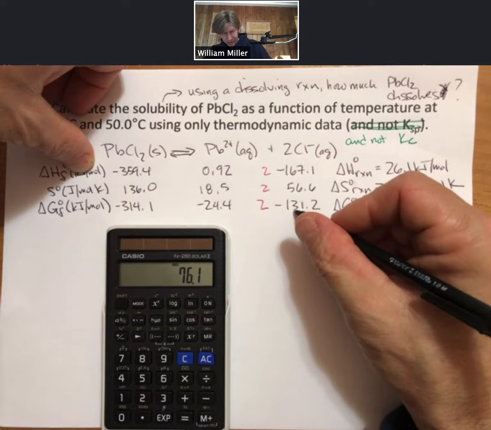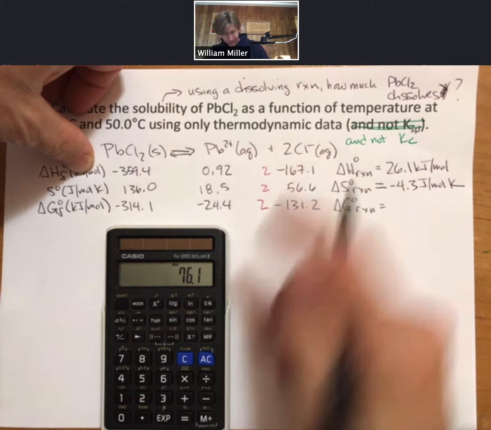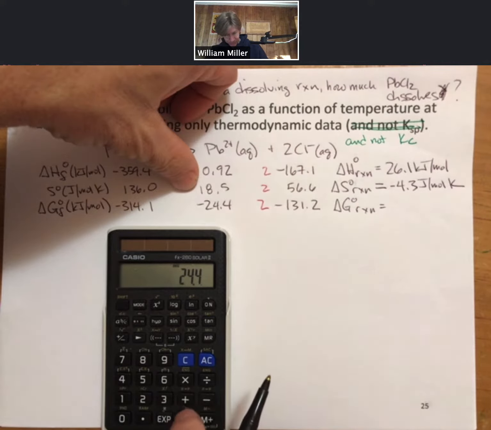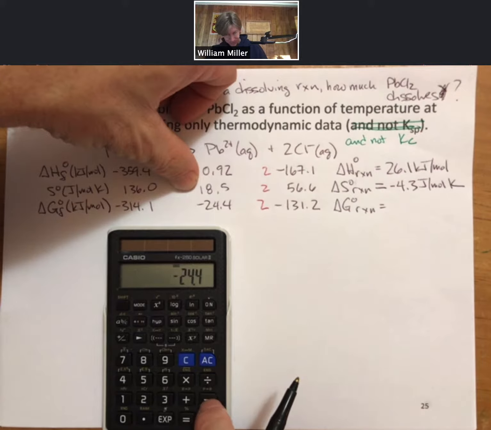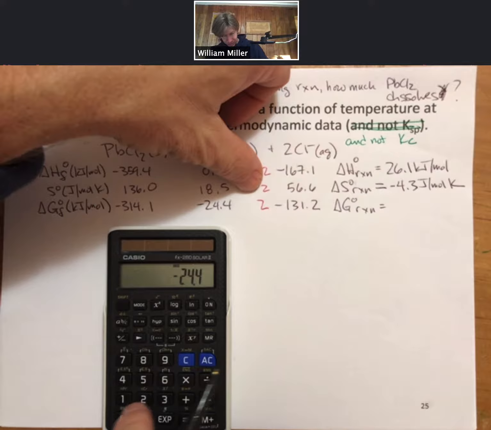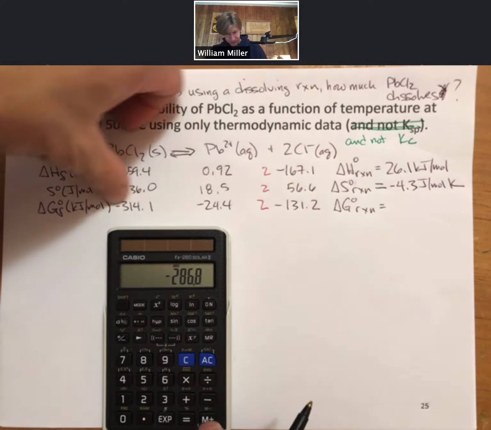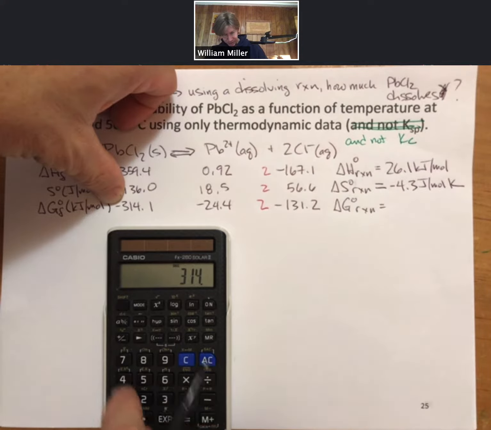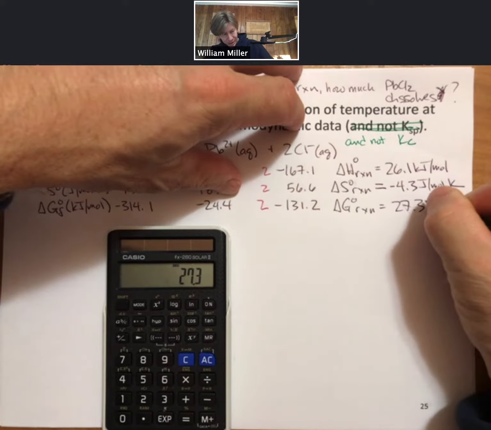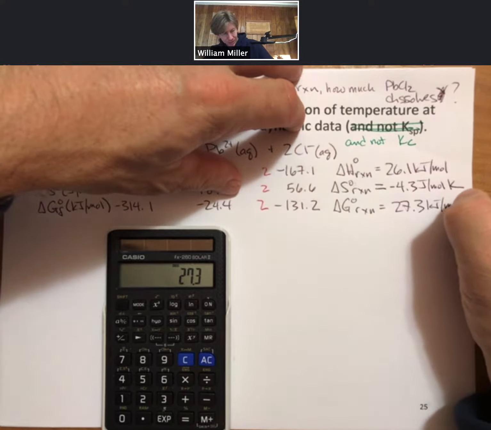Let's do that math again. So 24.4 negative. Oh, that's it. Maybe minus. Minus 131.2 times 2. There we go. Plus 314.1. There we go. 27.3 kilojoules per mole.